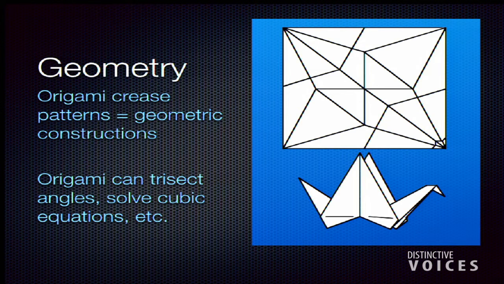And then thousands of years later, people proved it was impossible to use straight edge and compass to divide an angle into 3 equal parts in general, or double the volume of a cube, or solve cubic equations. But origami can do those things, it turns out. And I could do a whole lecture on just that, which, if you really like geometry and algebra, is cool. But that's a pretty deep area of geometry. It's kind of showing that origami is powerful, okay?